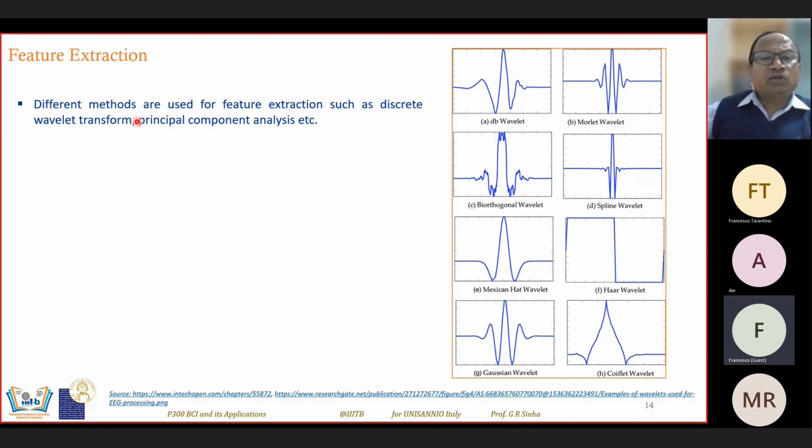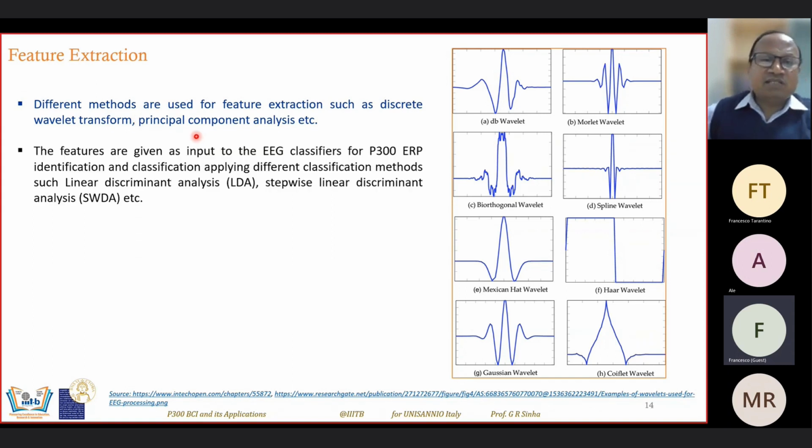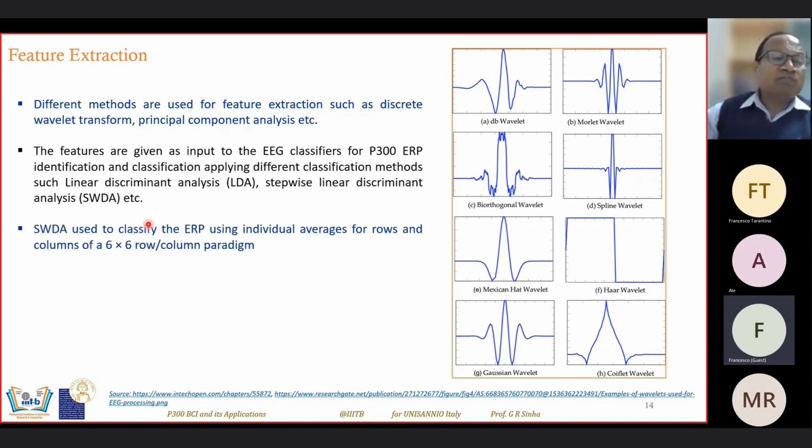So different methods are used like DWT or principal component analysis. PCA is a very popular method, and the features which are given as input to the classifiers for identification and classification may be of any type, like linear discriminant analysis, stepwise linear discriminant analysis, and so on.